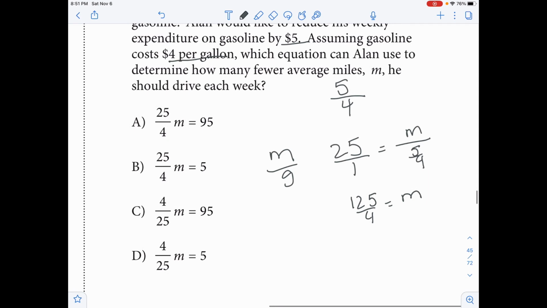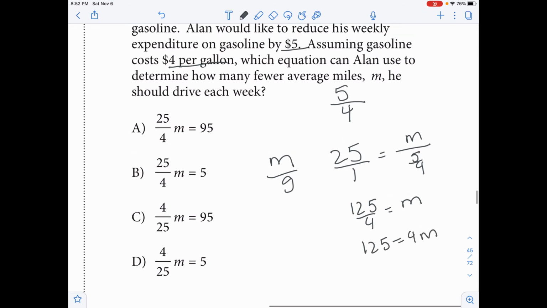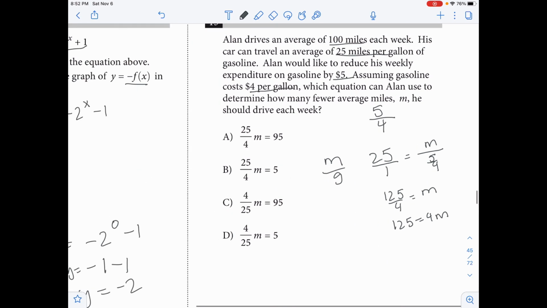miles. But none of them is in the answer choices, so let me just multiply both sides by 4. So 125 equals 4m, and then miles has to be divided by 25 miles per gallon, because this is gallons.